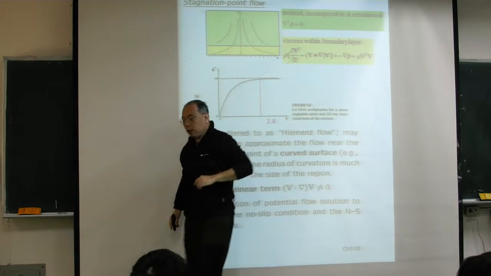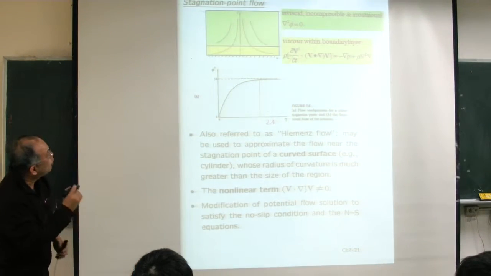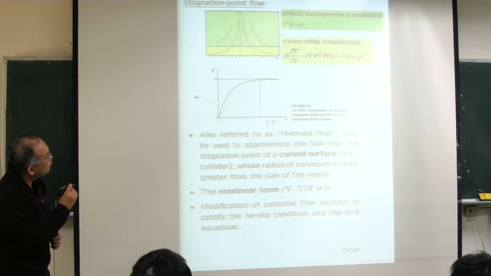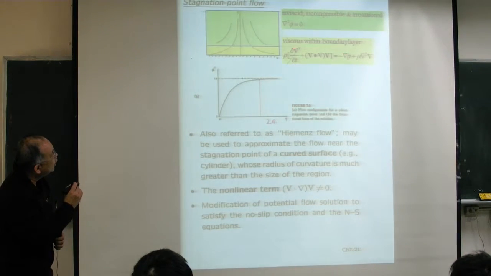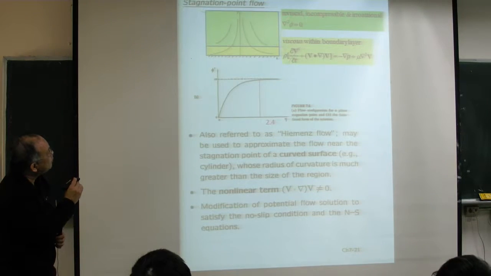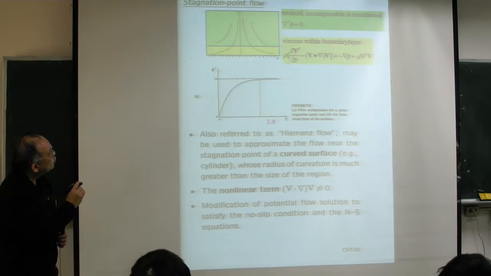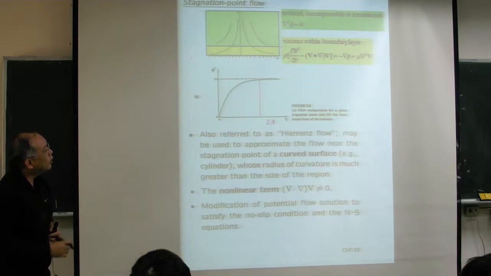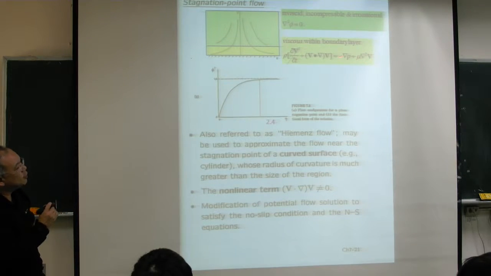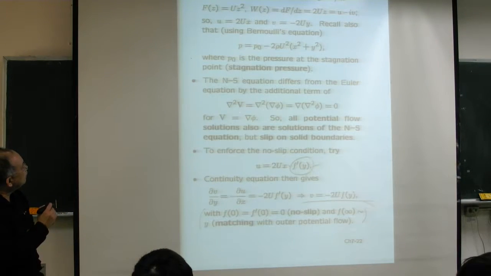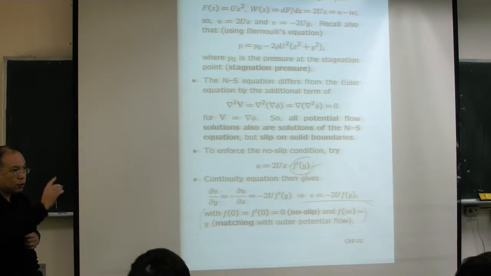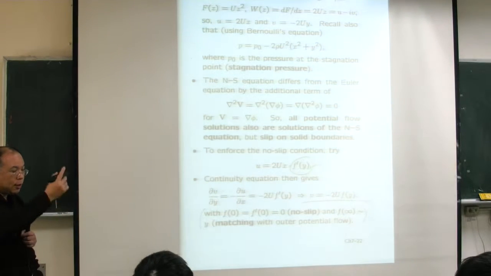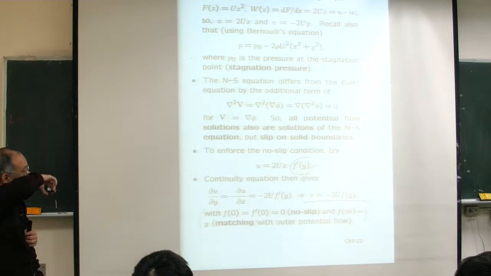So compared with the Navier-Stokes equation, the only additional term is the viscous term, as you can see here, Laplacian of V. This additional term is the only difference between the potential flow and the Navier-Stokes equation, the viscous flow.